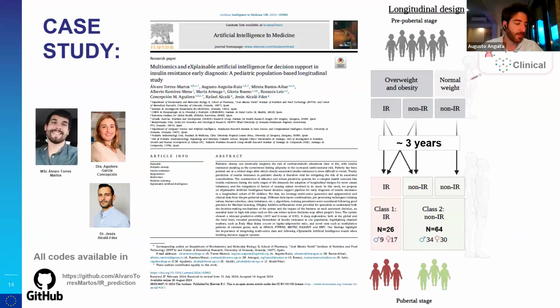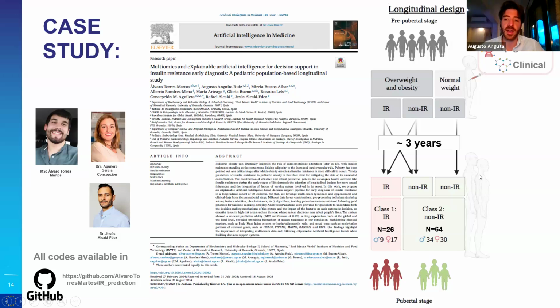And today I'm going to present a case study, how to use this kind of technologies or explainers in multi-omics and clinical research. Especially I'm going to present this work led by the University of Granada team about how to use genetics information, epigenetics information, and also clinical variables for predicting a future health outcome.